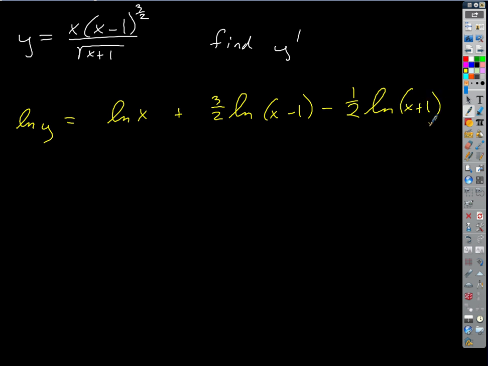So now you can see why we practice properties of logs so much, right? So that looks a lot better, right? Now we can just differentiate that term by term, and that's pretty simple stuff, right? So we have to implicitly differentiate though, because now notice that the y is no longer by itself, it's inside a function, but we practice that, we're good at that. So if we differentiate the left side, what's the derivative with respect to x of the log of y?